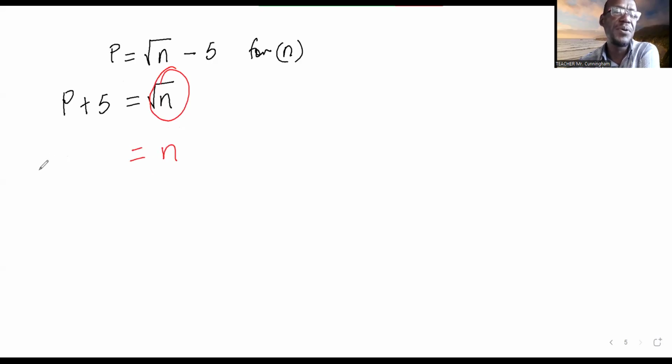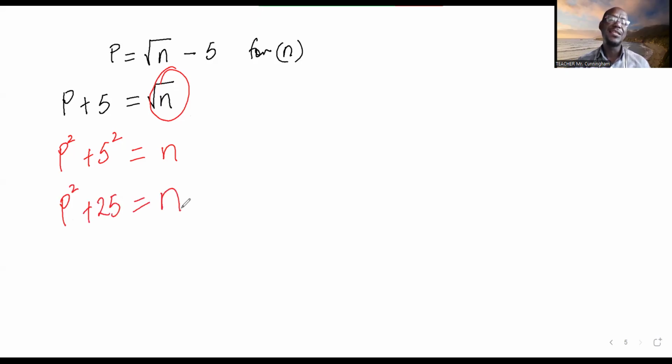But then I have to put everything squared: p squared, 5 squared, because I'm removing the square root, everything else after is squared. So p squared plus 25 equals n.